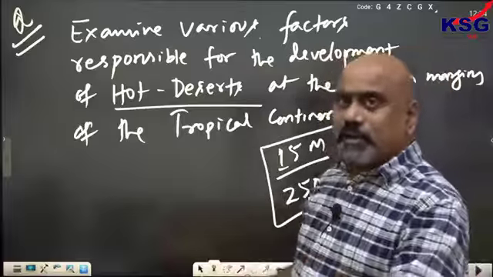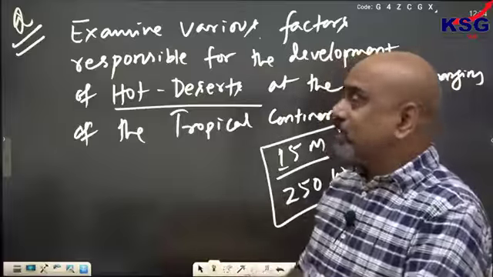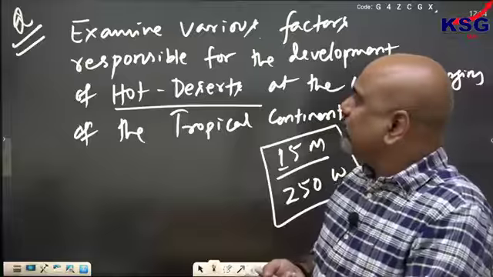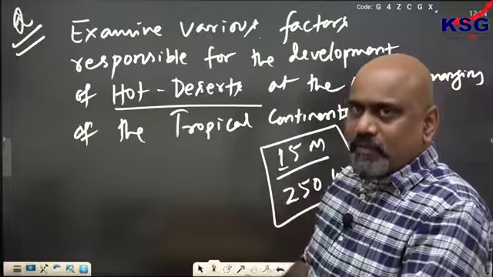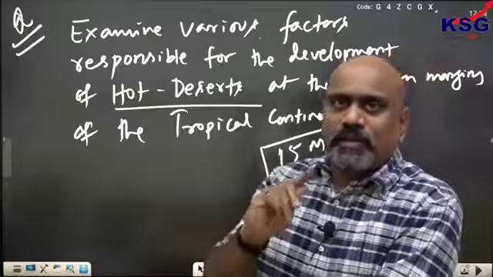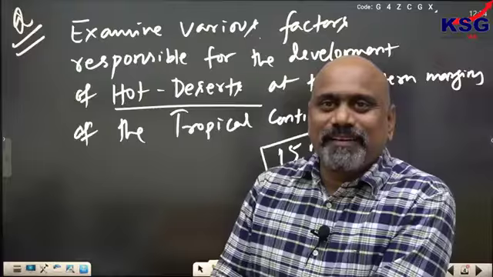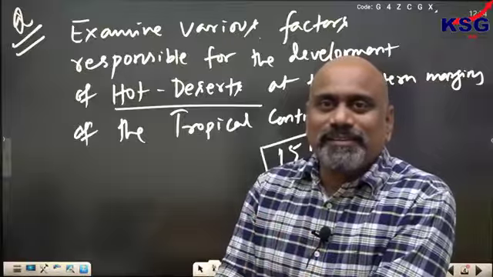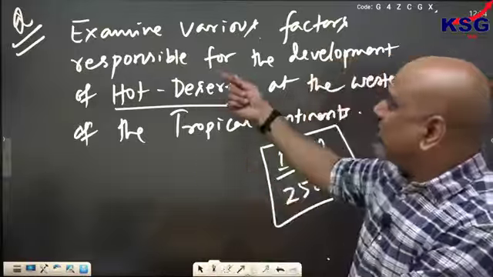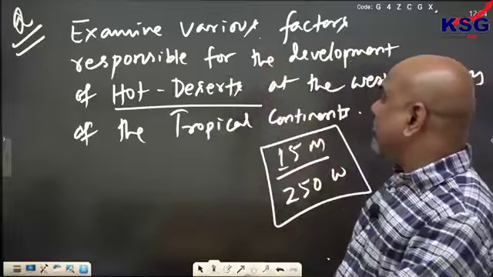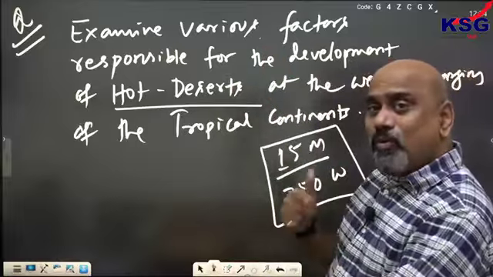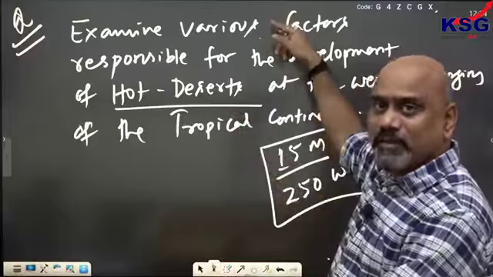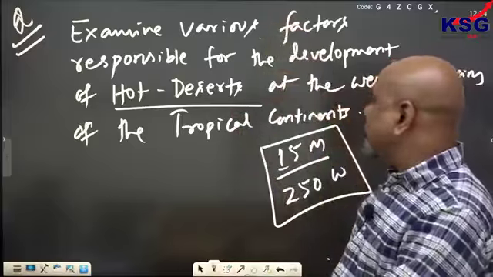Examine, see, the doctor examines the patient. Examine here means, based on the characteristics, you have to find out the cause. You have to look at the symptom and find out the cause for this. Now, the symptom, what is that? Examine various factors responsible for the development of hot deserts. What are the characteristics of the hot desert? Then go for why we are having these characteristic features, and you write this answer.